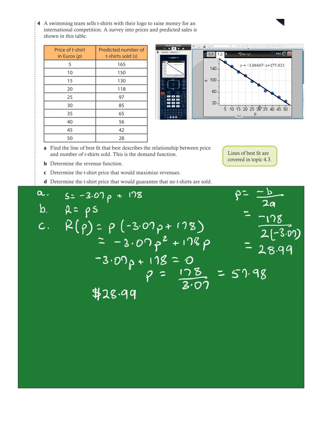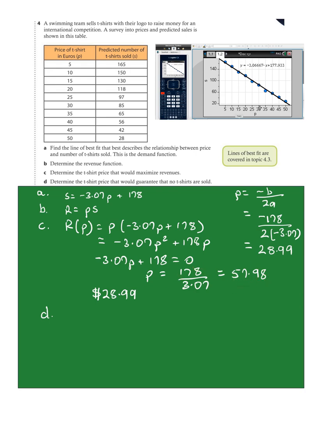Let's have a look at D. D, determine the t-shirt price that would guarantee that no t-shirts are sold. Well, that's when this equals 0. We've already done it in C. We equate that to 0, and that will either be 0 or 57.98.